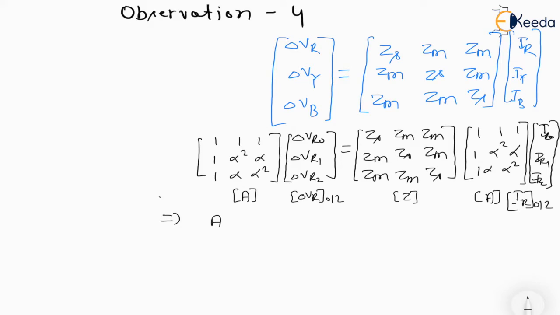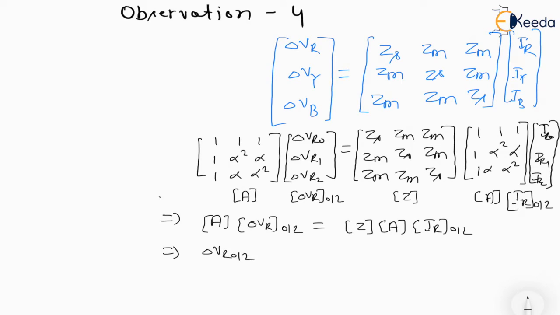So now we can write A into delta VR 0 1 2 is equal to Z matrix into A matrix into IR 0 1 2.